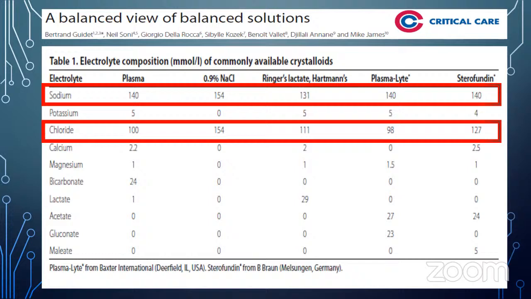The chloride content of Ringer lactate is around 111, and that of Plasmalyte is around 98. One more important thing about Plasmalyte is that it has acetate of 27 millimoles per liter, not in the form of bicarbonate or lactate.